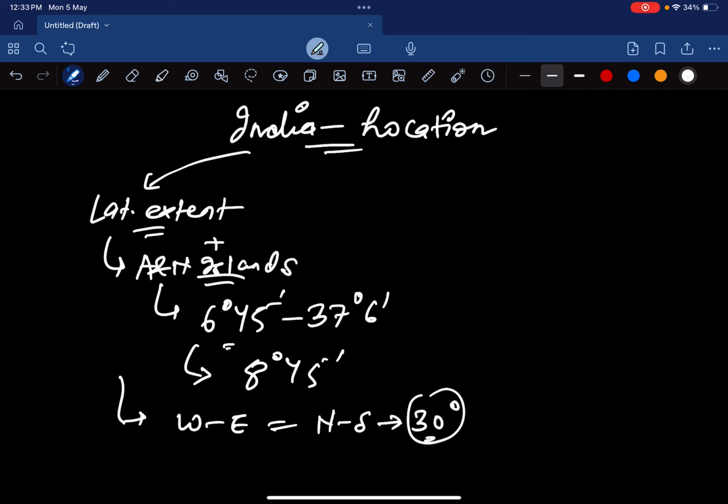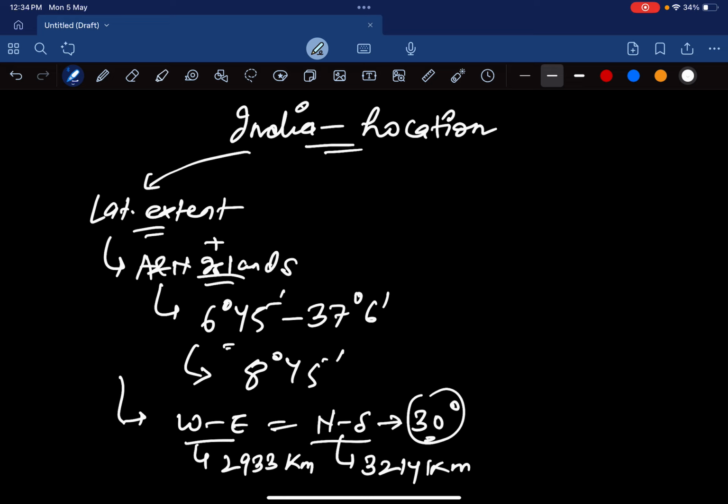The west to east extent is 2933 kilometers and north to south extent is 3214 kilometers. So therefore the north to south extent is greater than the west to east extent despite both of them being 30 degrees. So this is a tricky question, both of them being 30 degrees, but still the north to south extent is more than the west to east extent.